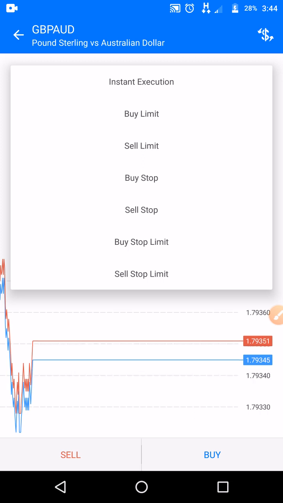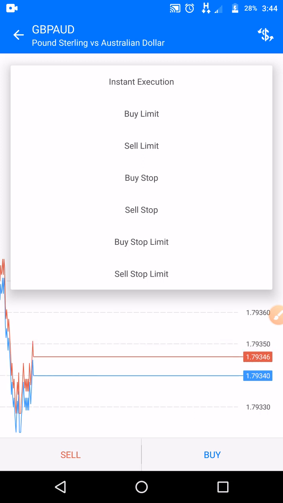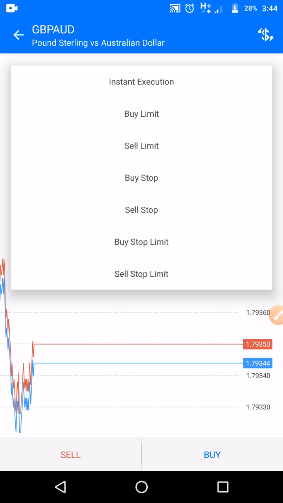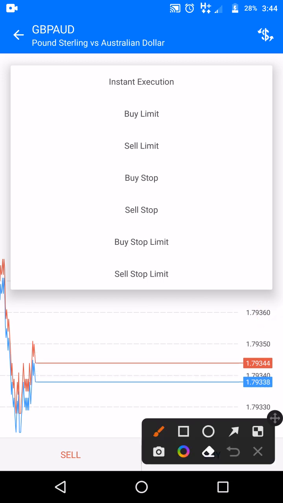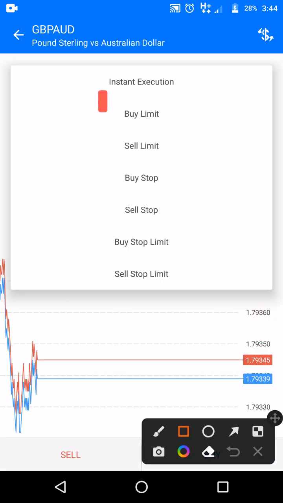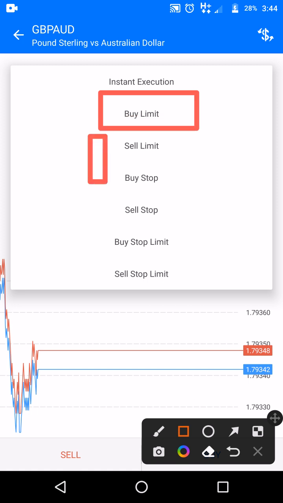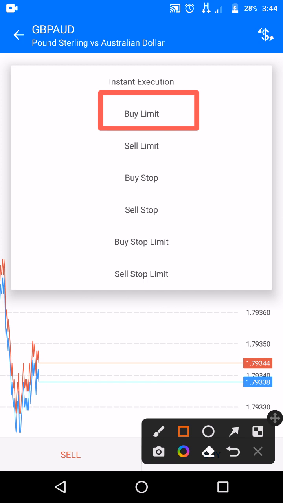And these kinds of executions can all help you make money when trading. Okay, so today's video we are focusing on these two, the buy limit and the sell limit.